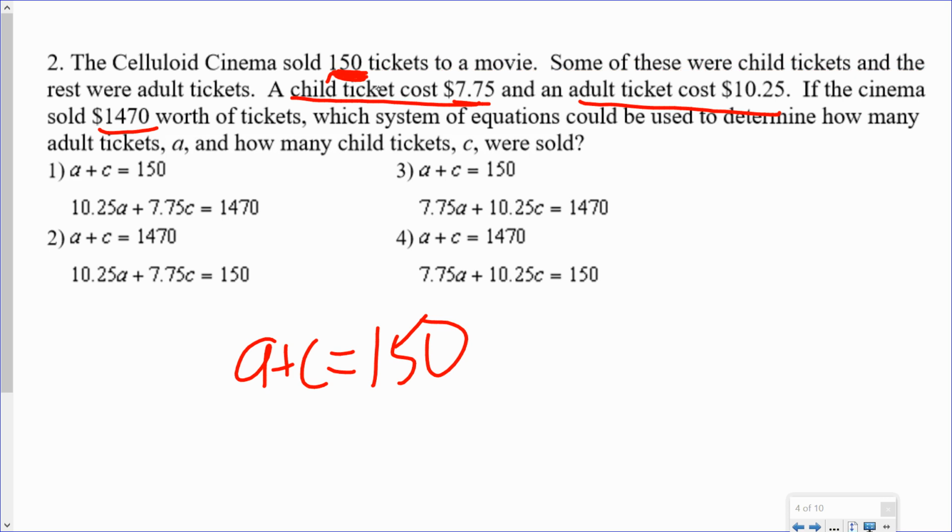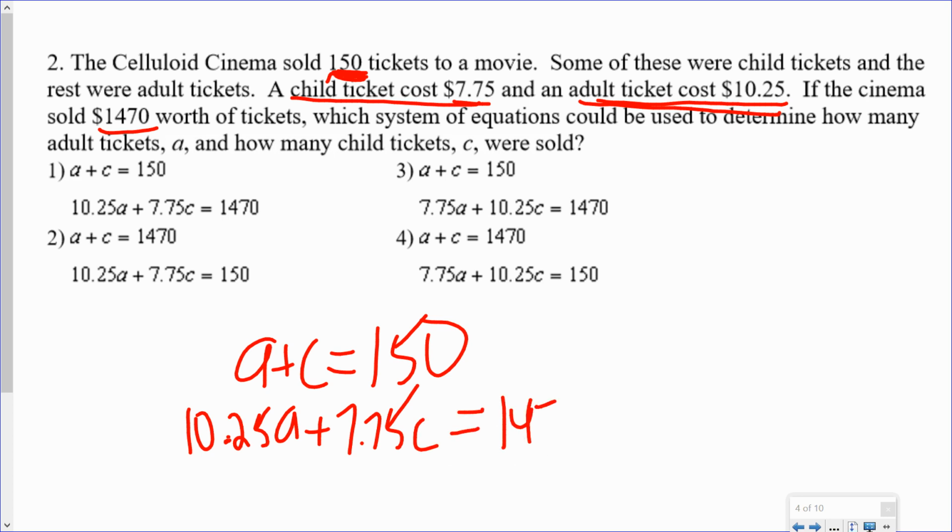Well, a child ticket costs $7.75, an adult ticket costs $10.25. So it's $10.25 times the amount of adult tickets plus $7.75 times the total number of children's tickets equals the total money, which is $14.70. Looks like again we have choice 1.